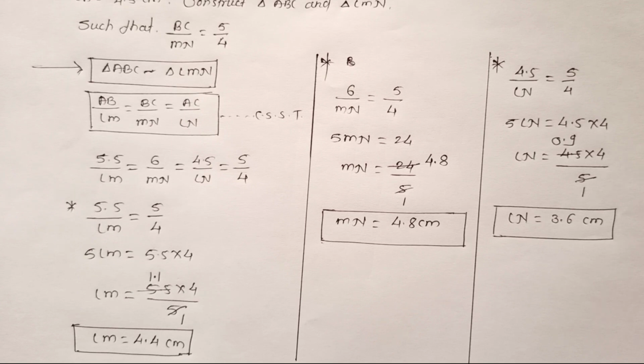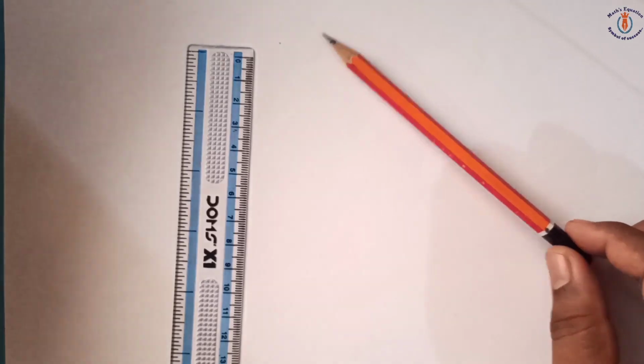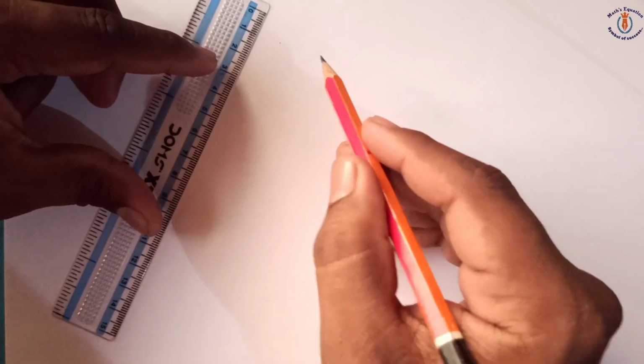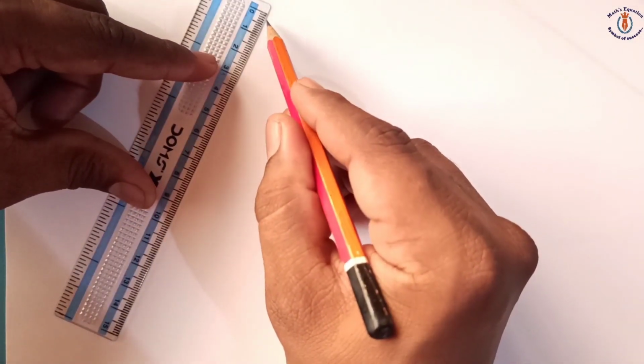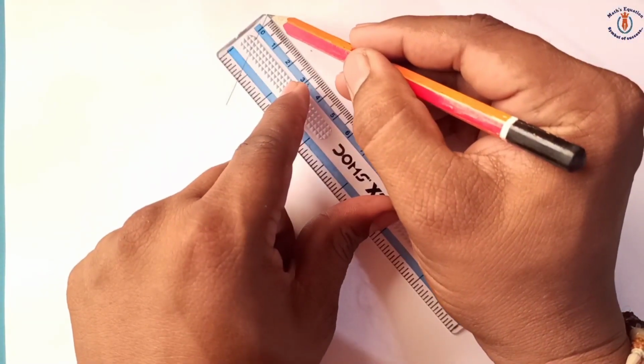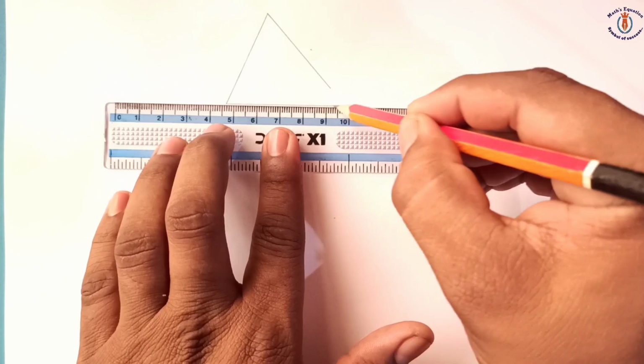So let's construct these two triangles, triangle ABC and triangle LMN. The first triangle is triangle ABC. Let's draw a rough figure of ABC. So this is the triangle ABC.